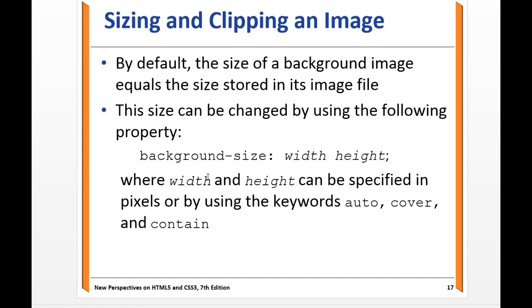It depends on the size of the element, so sometimes your picture could be cropped. The contain keyword scales the image so that it's completely contained within that element. That means even if not all of the element background is covered.